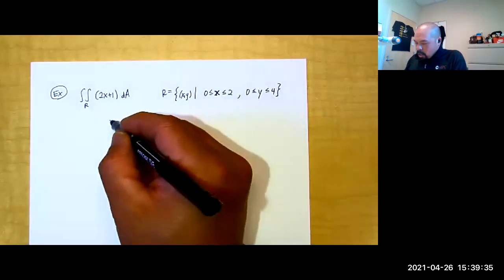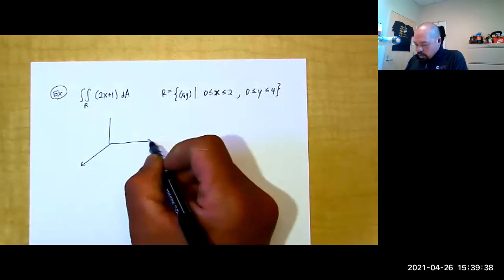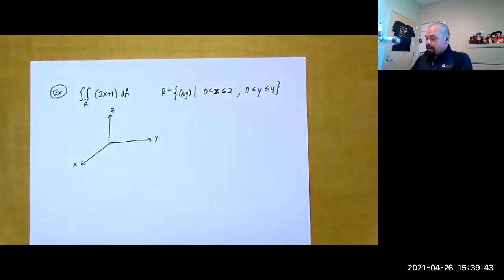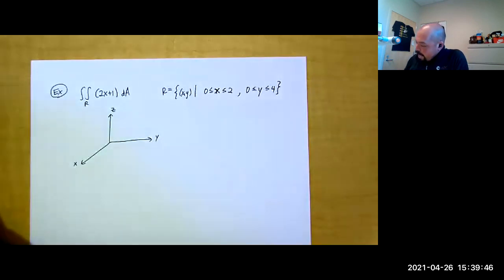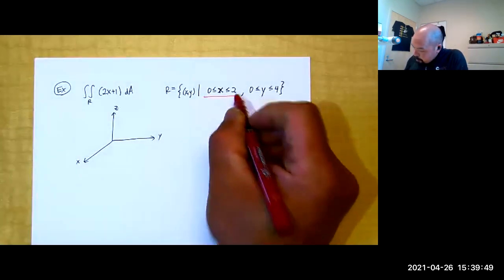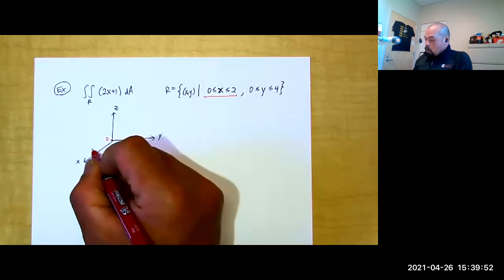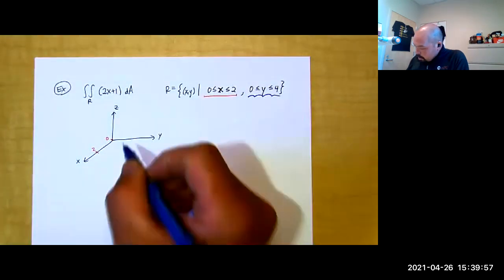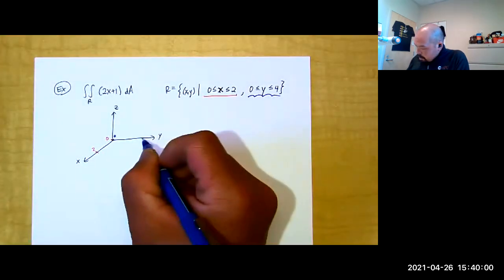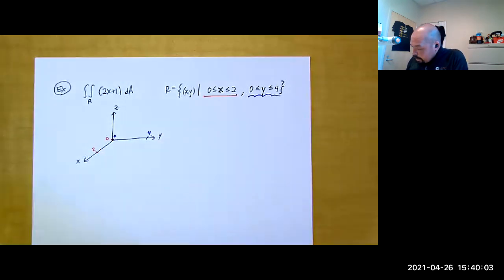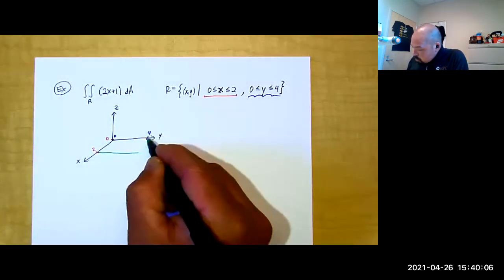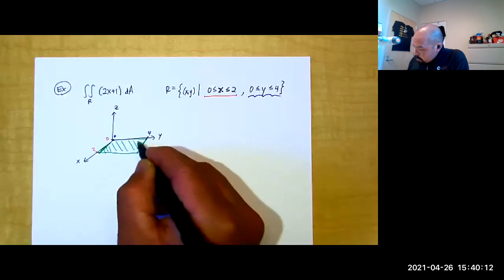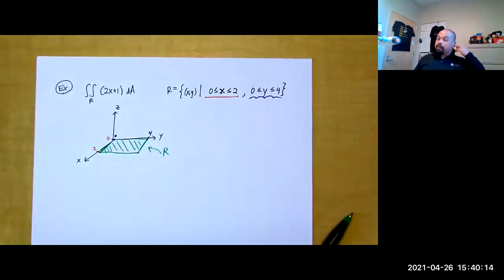Okay. So in that aspect, again, I'm not going to worry necessarily about graphing my surface, though we could. I'm more interested in this aspect. x is going to go between 0 and 2. y is going to go between 0 to 4. So our region over which we're integrating, that's our R, that rectangular region.